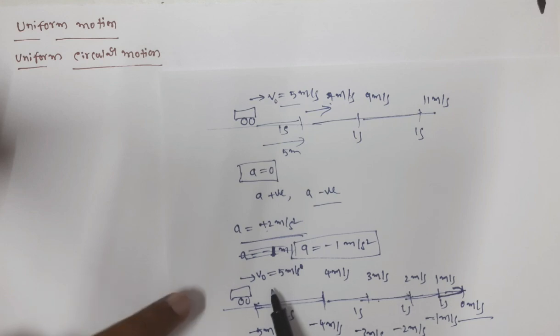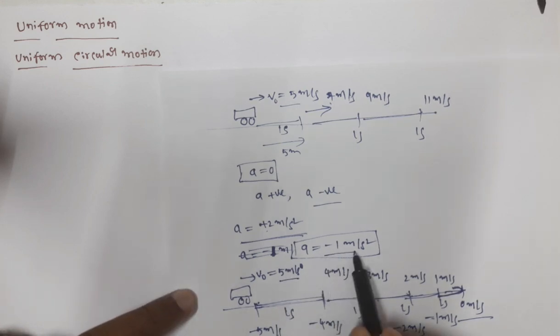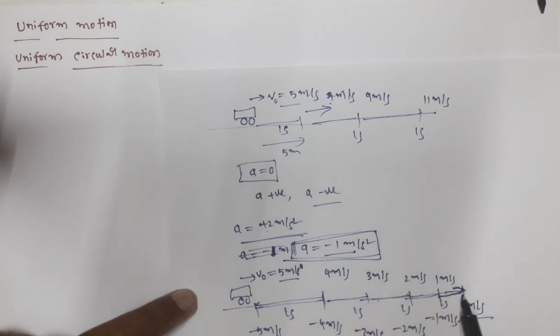So initially it has positive velocity 5 meters per second. With negative acceleration, as it moves, its velocity decreases and finally becomes 0. And with the same acceleration of minus 1 meter per second squared, the velocity then increases negatively: minus 1, minus 2, minus 3, minus 4, minus 5, and so on.